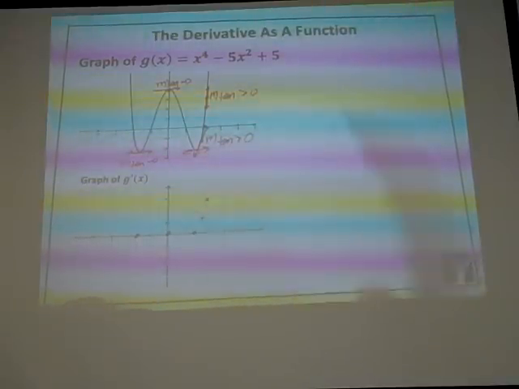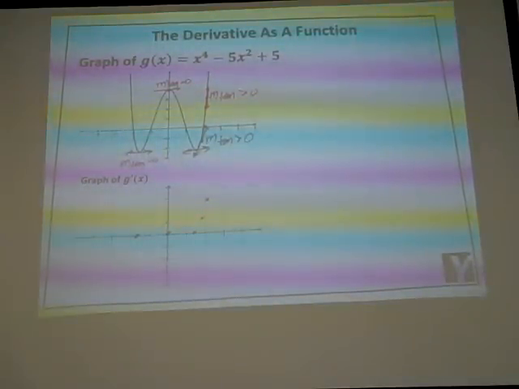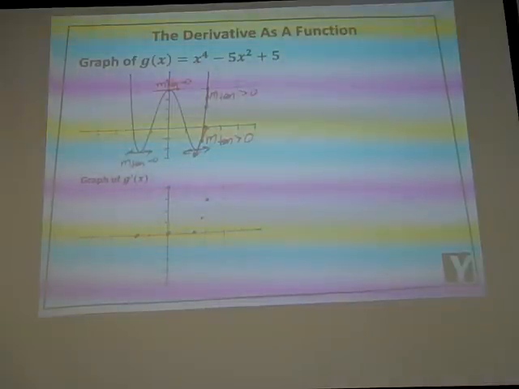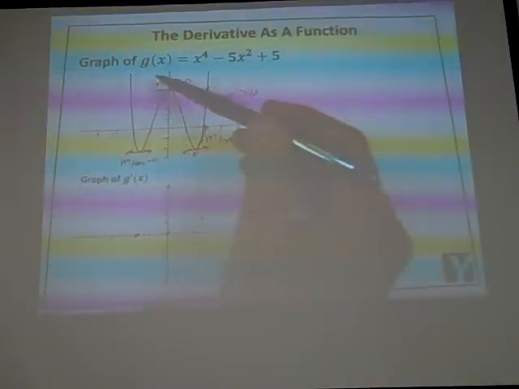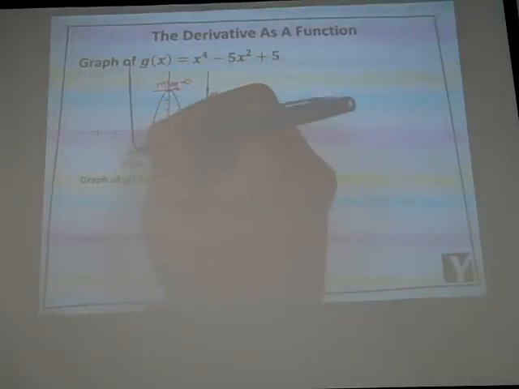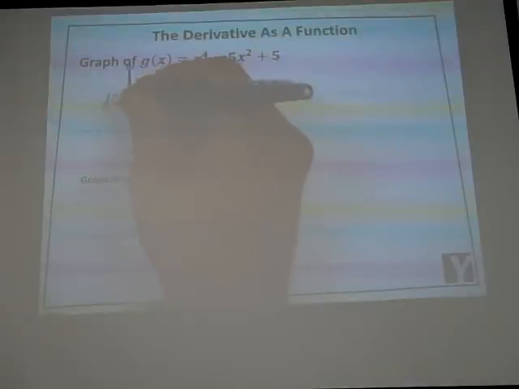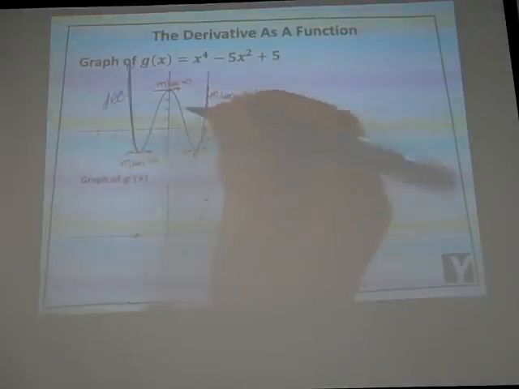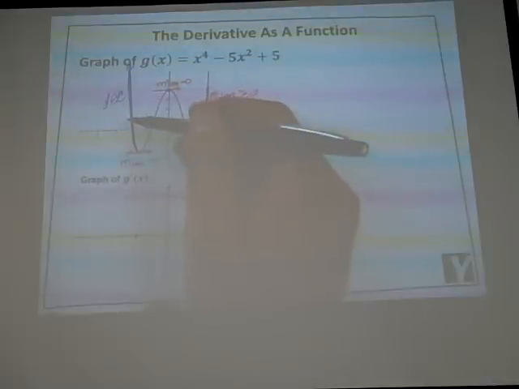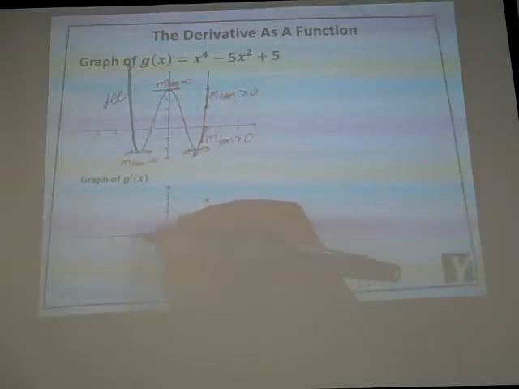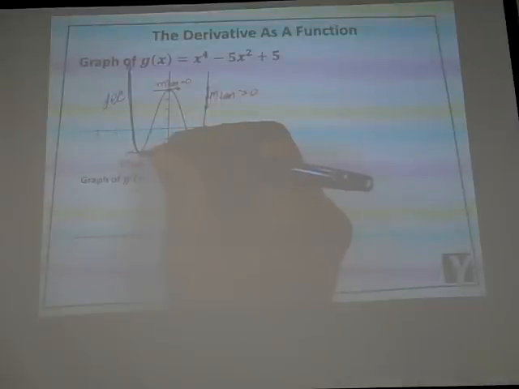Or we could be clever and we could look at the behavior of this function. So if I look at g, what I see is this part of the function is decreasing. Well, if g is decreasing, then any tangent line I draw to the function along this part will be negative. So when I go down to the derivative, I expect my derivative is negative until I reach the x-coordinate for the relative minimum.